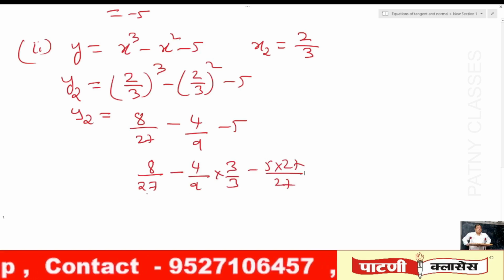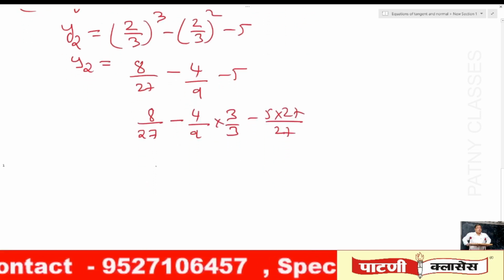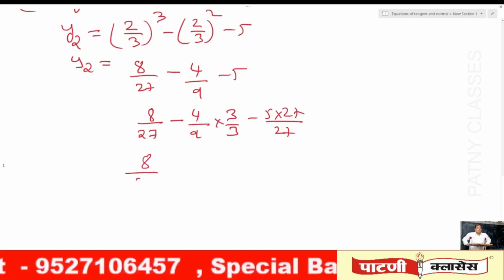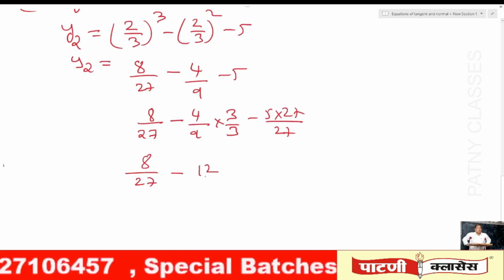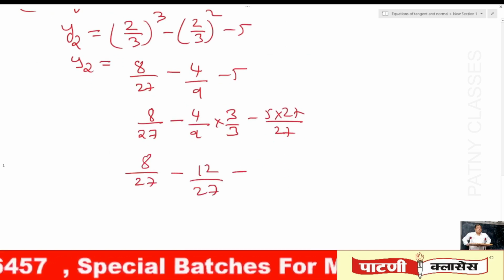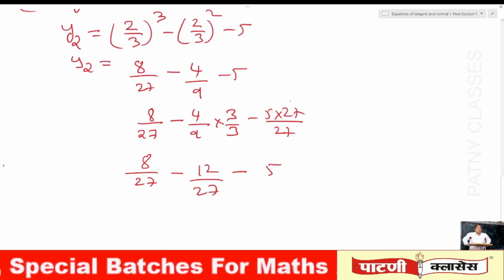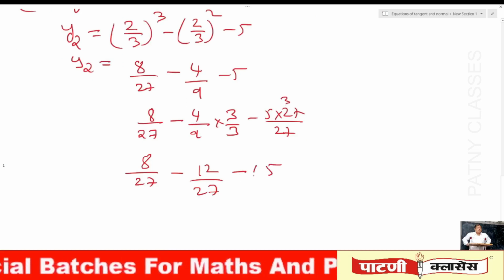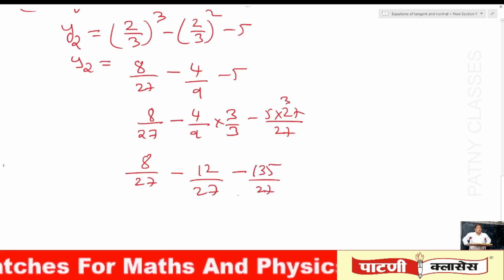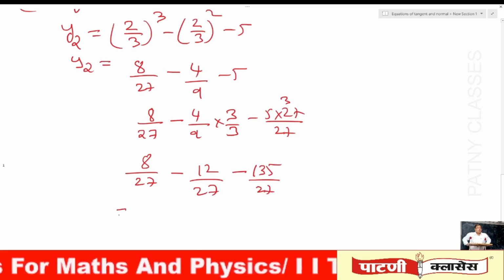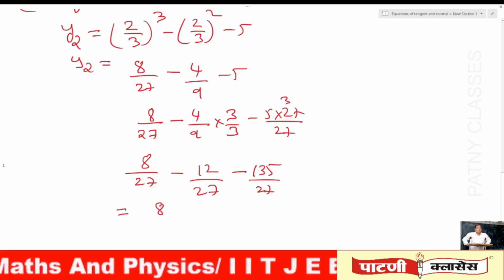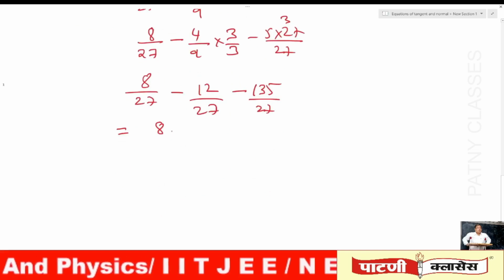I am doing this step by step so that you can understand in a better way. So 12 upon 27, and minus 5: 7 the 35, 3 5 to the 10, 13, and we got the 27. So this is equal to, when all denominators are equal, we can manage the numerators.